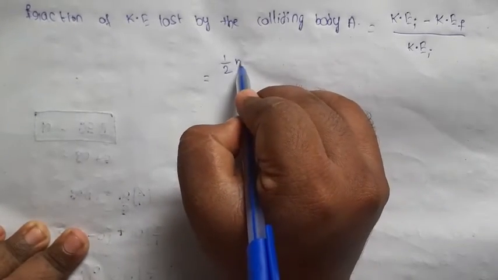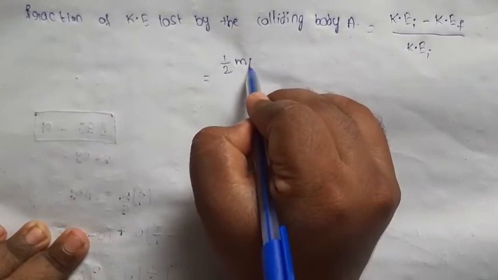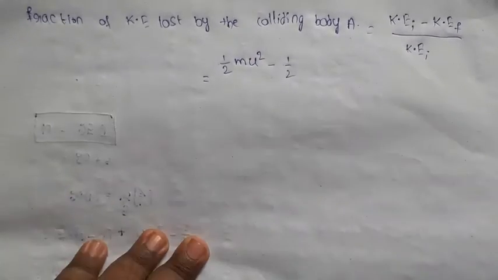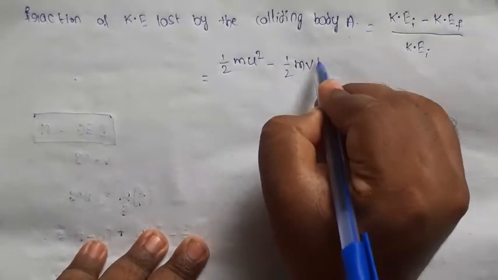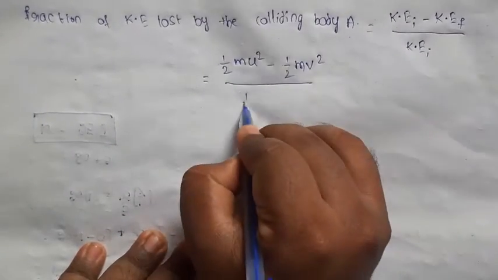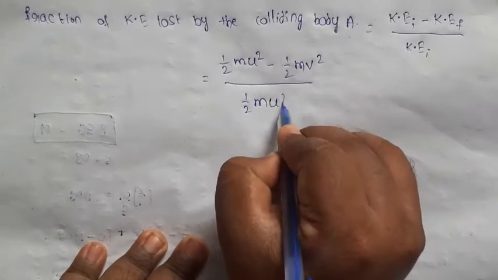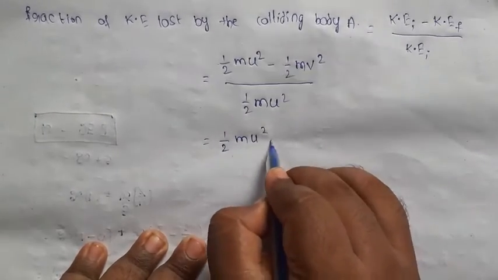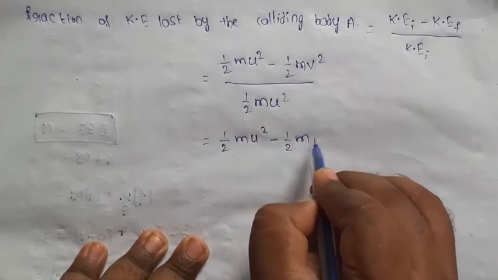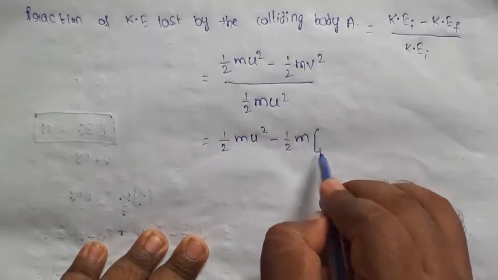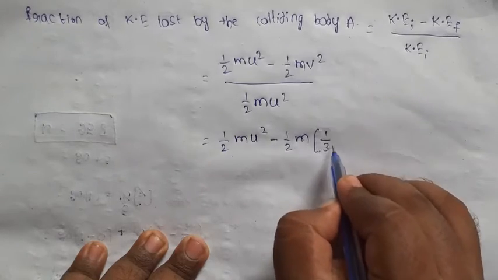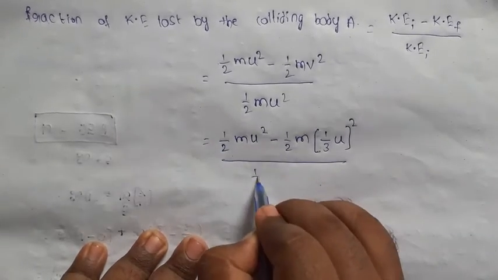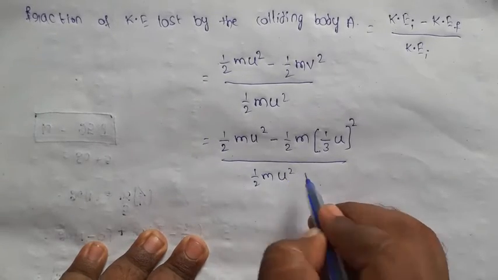The initial kinetic energy is 1/2 m u squared. So this is (1/2 m u squared minus 1/2 m v squared) divided by 1/2 m u squared. We already know the final velocity is 1/3 u, so v is (1/3 u) whole squared.